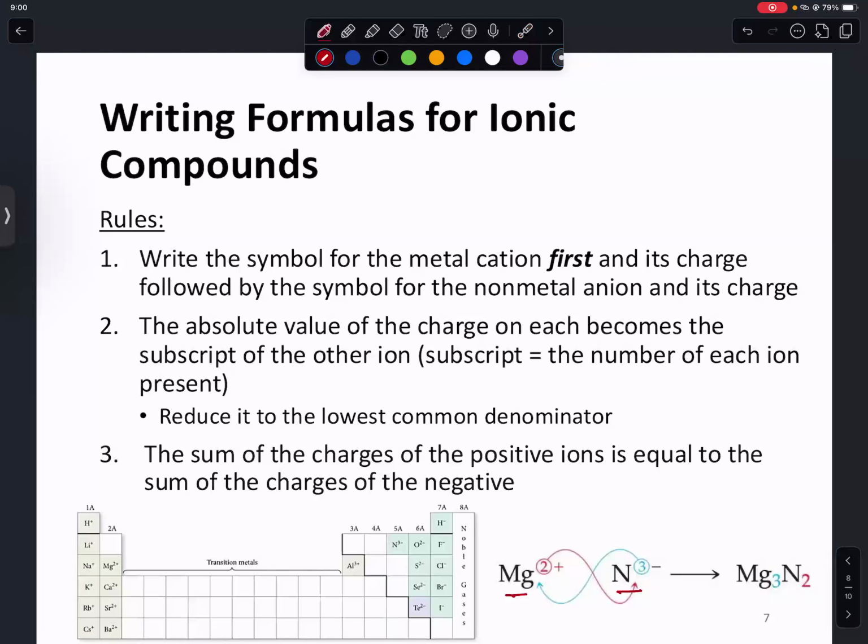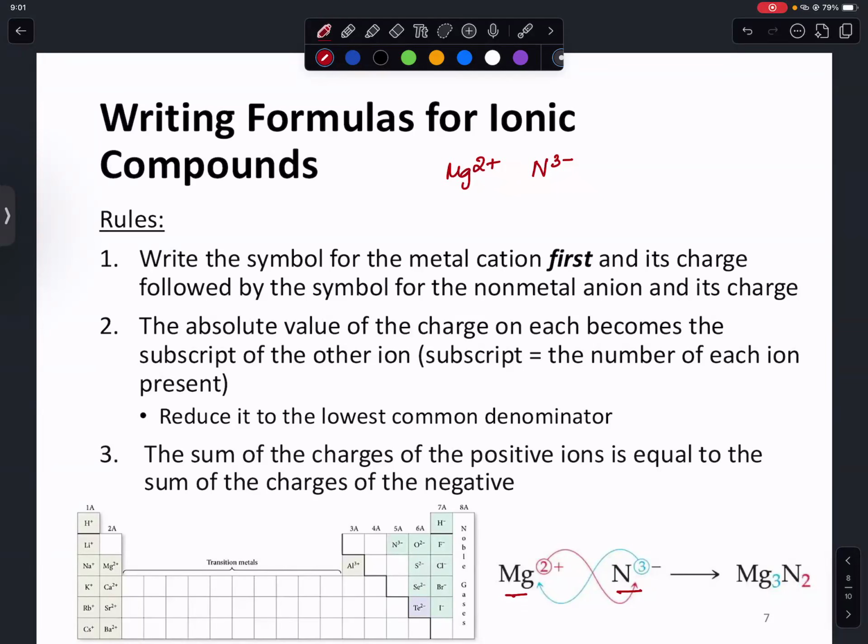We will start by writing the symbol for the metal cation and then its charge. So you have here magnesium 2 plus, and then the nonmetal. The nonmetal is nitrogen, which, being far right, tends to gain electrons, and it is a 3 minus. Now, we will use a special method called the crisscross method.